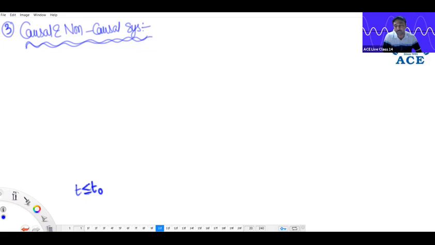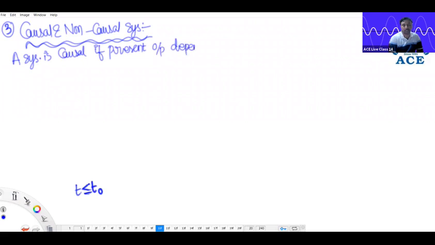As time varies from minus infinity to plus infinity, present output should depend only on present input and past inputs. Let me write the definition. A system is causal if present output depends on present input and past values of input, but not on future values.